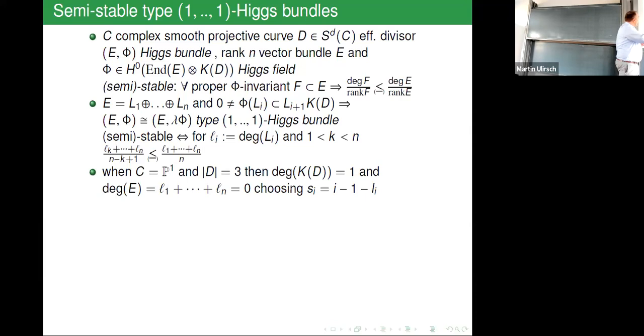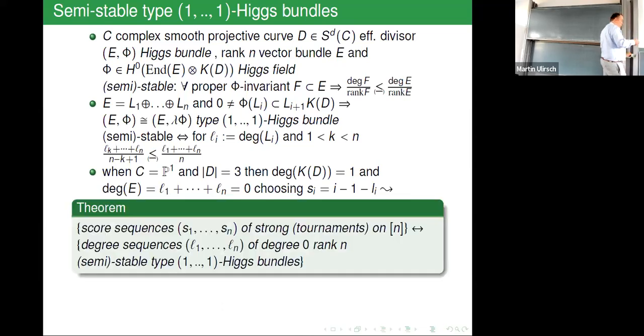This one is degree 1, so the degree can only go down by 1, and that means this will be a non-decreasing sequence of integers, and then you can deduce that the score sequences of tournaments on n vertices will be the same as the sequences of degrees of semi-stable bundles of degree 0. Strong inequality, yeah, in the trivial case.